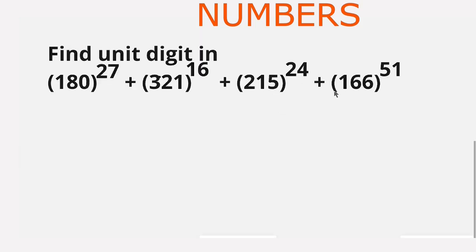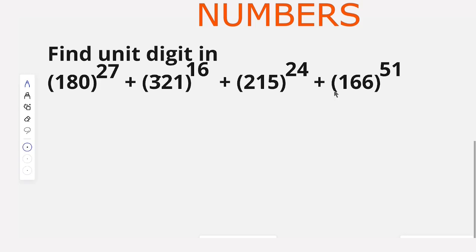We solve the question: find the unit digit in 180 to the power 27 plus 321 to the power 16 plus 215 to the power 24 plus 166 to the power 51.